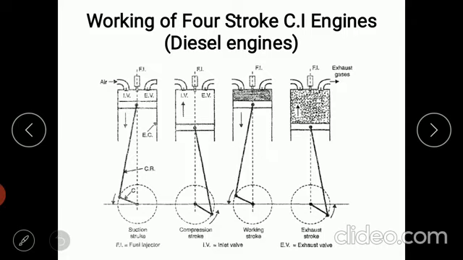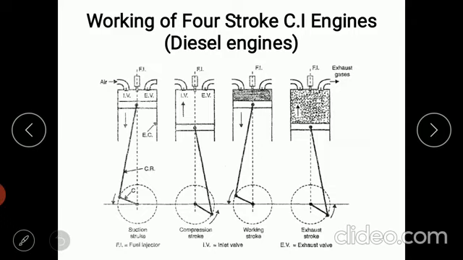The fuel has to ignite on its own with the help of the temperature available in the air. For that reason, the air is compressed to a very high pressure and temperature inside a cylinder, and fuel will be injected at the end of the compression stroke.